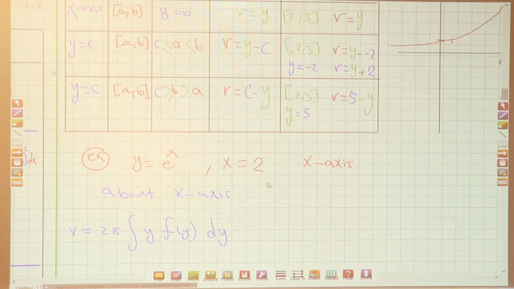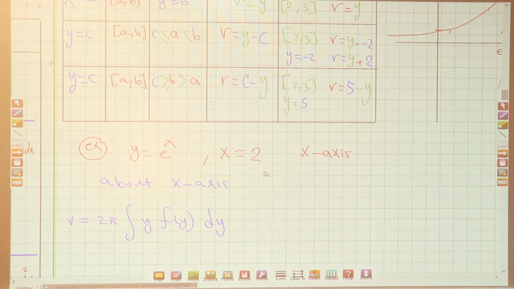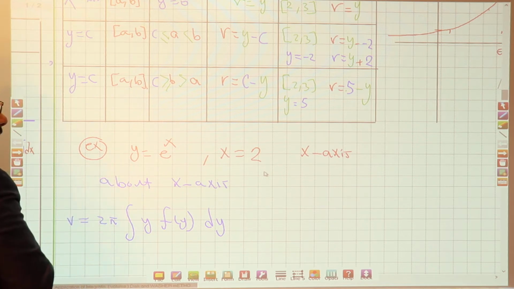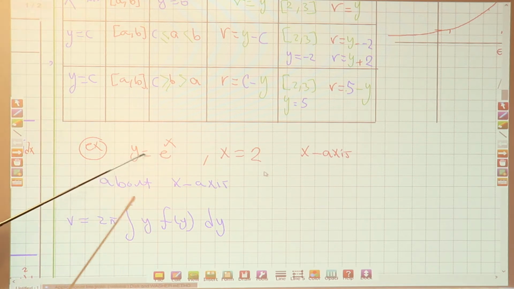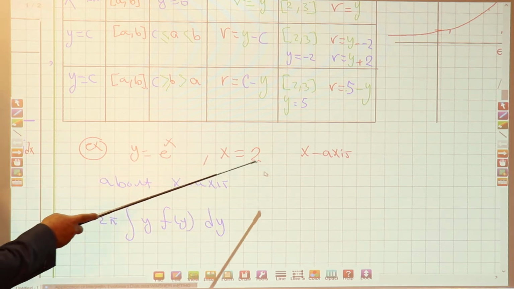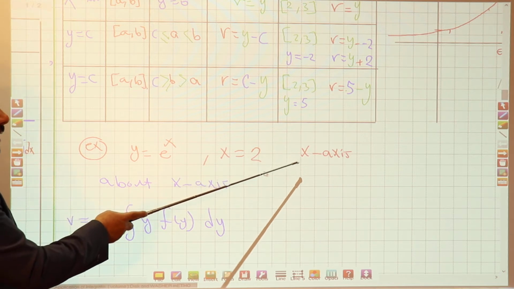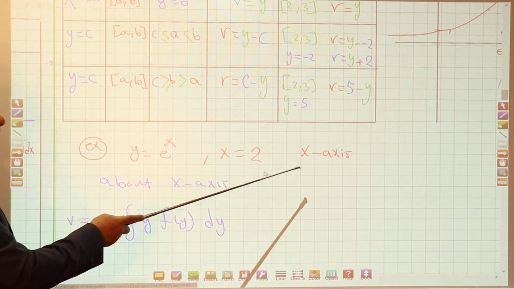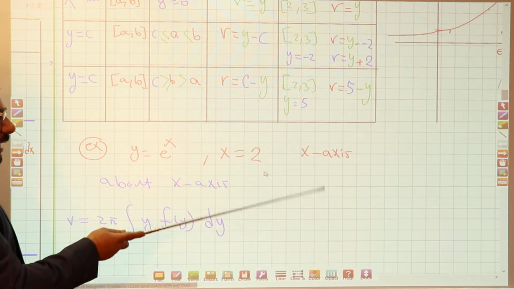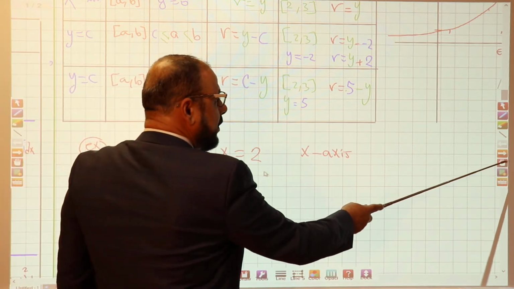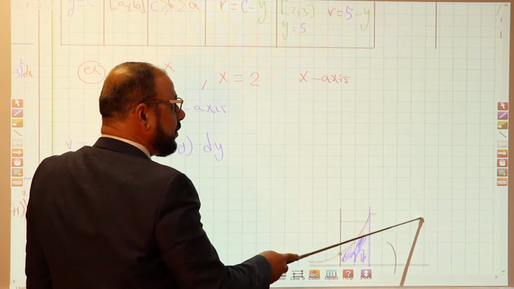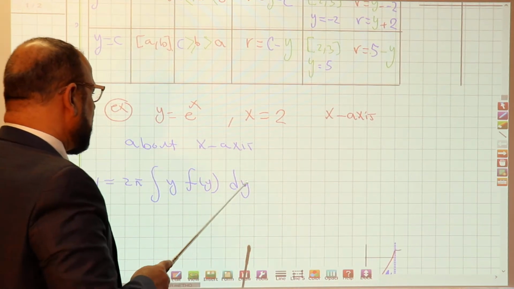We need to find the volume between y equals e to the x and the x-axis, and we're going to revolve it about the x-axis.